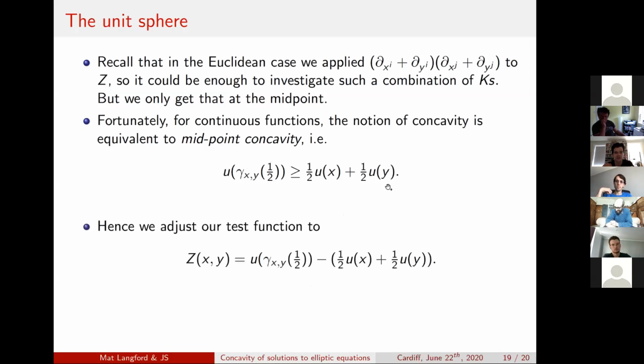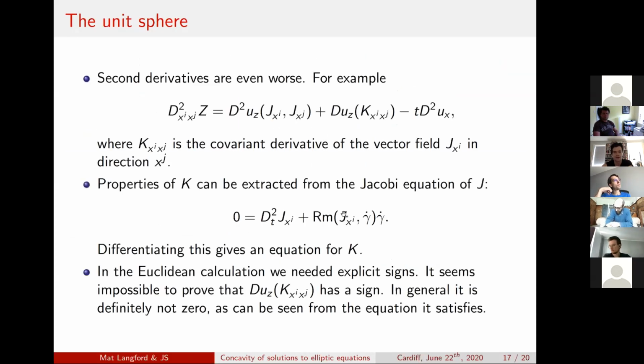So what you just do, you set up your concavity function as a 2-point function, forgetting the t parameter, and just use the 1/2 as a parameter, make a 2-point function out of it, and then you are automatically at the midpoint, and then you can really throw away this term here in the calculation because it's 0. If you look at the right combination of k, this will just disappear in the computation, and you still get your information on the Hessian that you want, right?